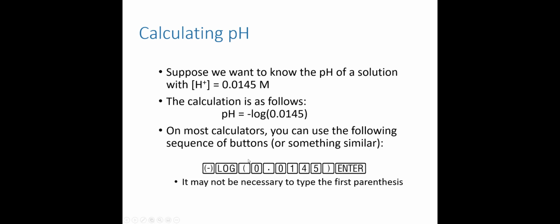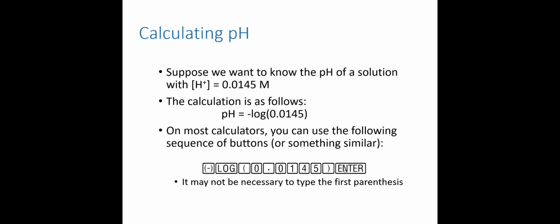If it does not, you're going to need to hit the open parenthesis, type in the value that you want to determine the logarithm of, put on the closing parenthesis, and then hit either enter or equals depending on your calculator. So I'd like you to take a moment and try this on the calculator.